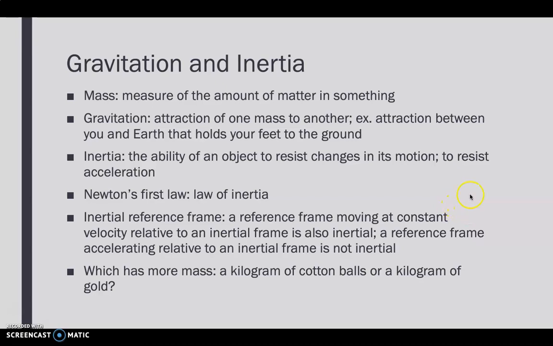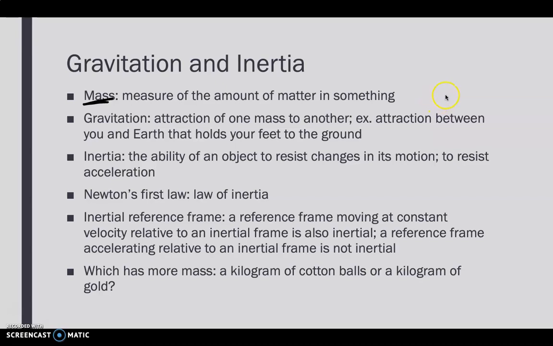I have quite a bit of information on this slide, so I'll try to go over each individual point a little slowly. This is the ideas around gravitation and inertia. First of all, we need to consider the term mass. What do we mean by mass? A lot of the time, when we look at mass, we think in our heads that it's the weight of something.